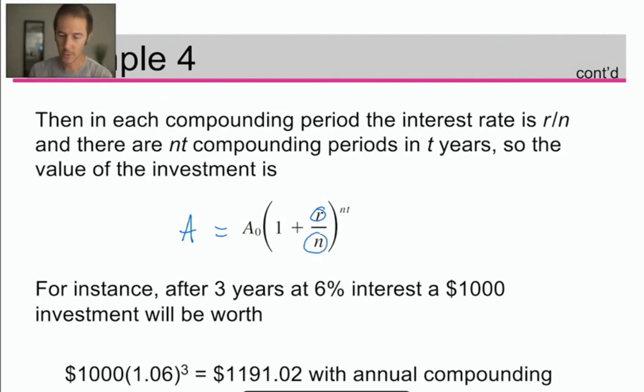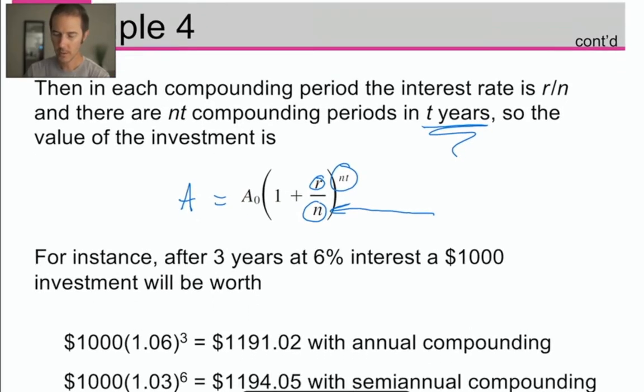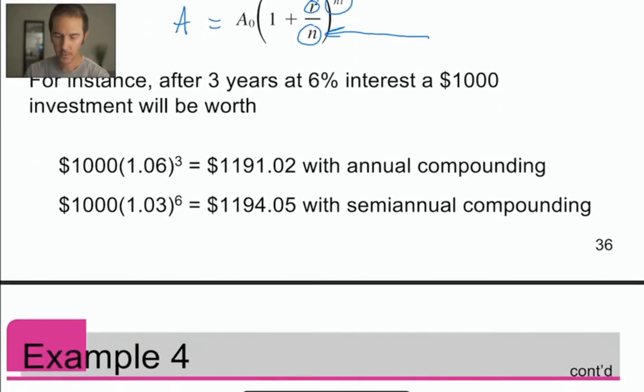So if you're compounding quarterly, then n has to be 4. If you're compounding monthly, n is 12. If you're compounding daily, n is 365, approximately. And so on. And this exponent up here is n times t, where t is measured in years. So n is the number of compoundings per year times the number of years.